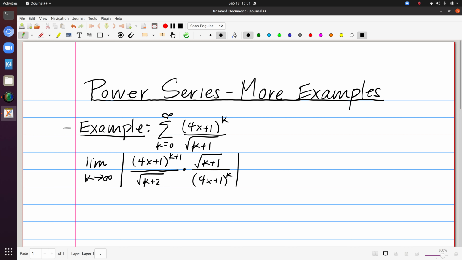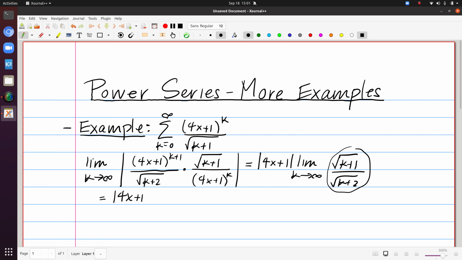In this instance, I would get an extra factor up top of 4x plus 1. If I bring that outside of the limit, I need to include the absolute value. And that would leave me with the limit of root k plus 1 divided by root k plus 2. This limit is going to approach 1. This will leave me with the absolute value of 4x plus 1.